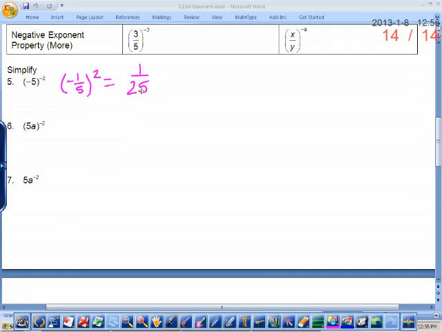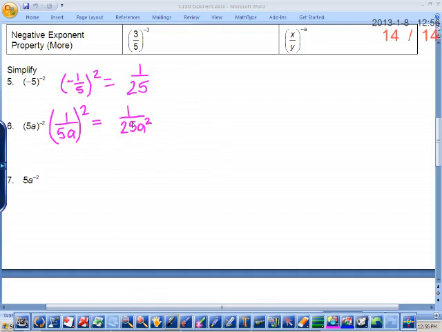All right, what about 5a to the negative 2 power? Good. 1 over 5a. That quantity is raised to what power? 2. So it's going to be 1 over 25a squared. Because you're squaring all of 5a.